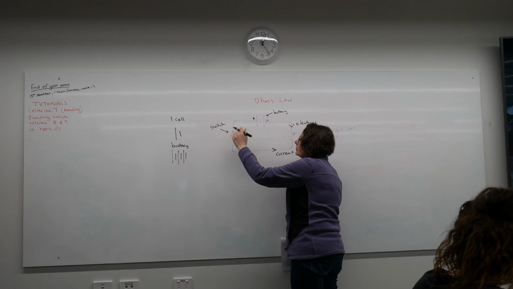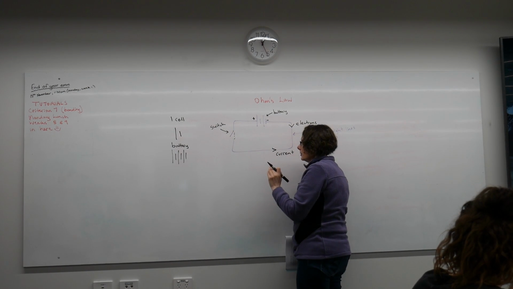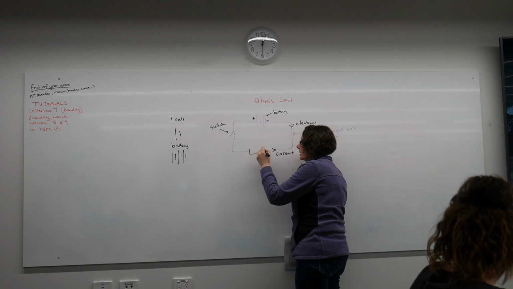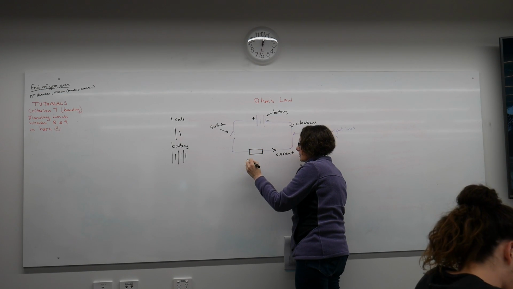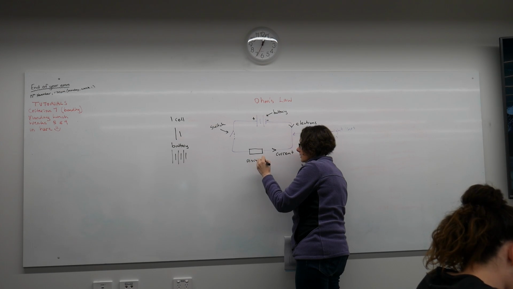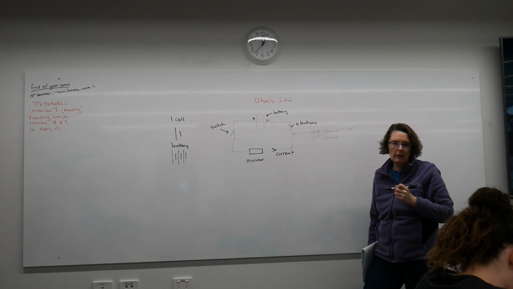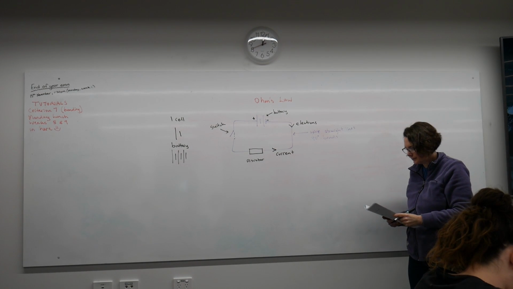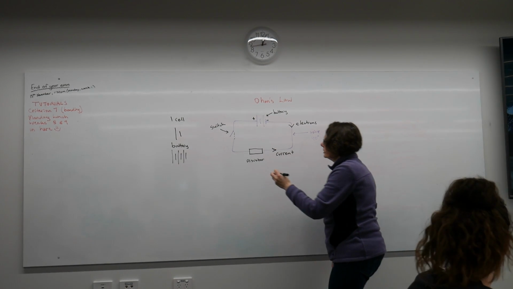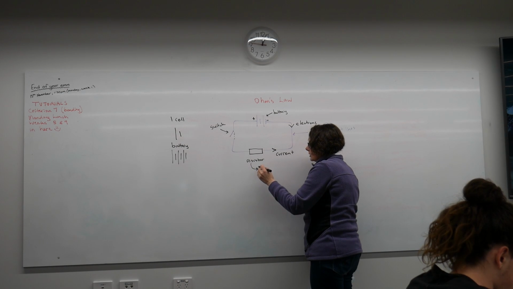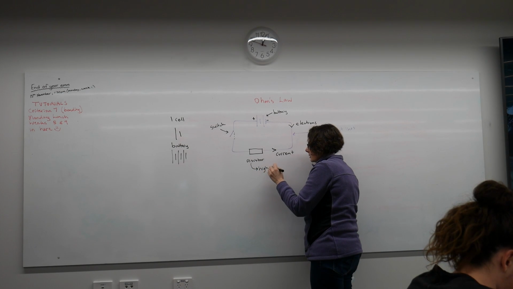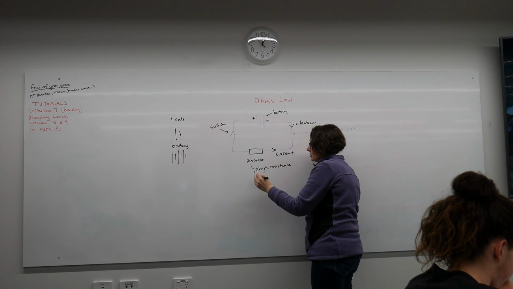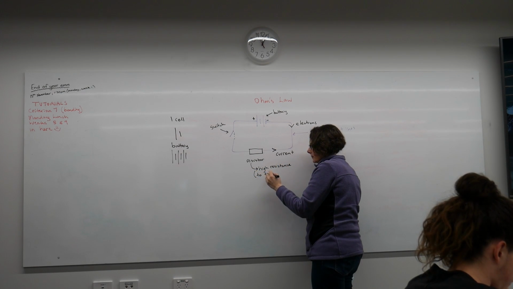So I'm going to close my switch, but I'm going to put in a resistor. And this is where the work is going to be done in my circuit. And the resistor, if it has high resistance, means resistance to the flow of electrons.